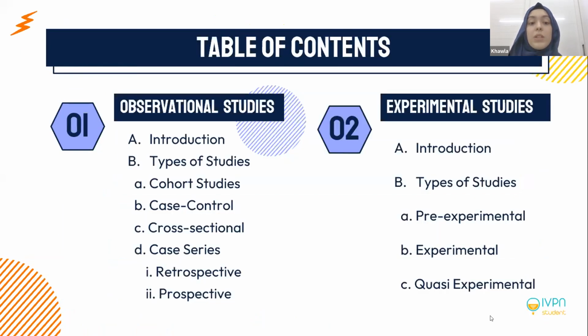First off, I will be starting by introducing the term research studies before moving on to explaining the various types of observational study designs, along with their uses and limitations. Then my colleague Nabil Ahmed will continue with an in-depth explanation of the types of experimental studies.